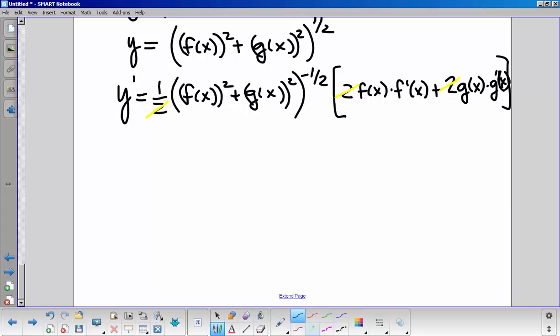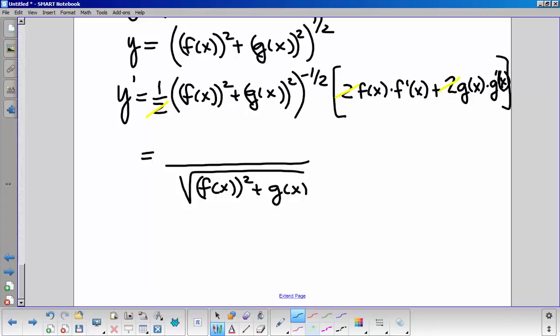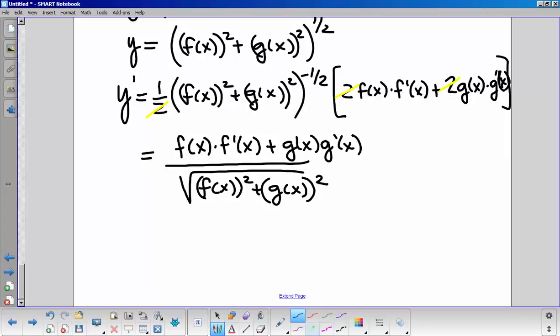Just this thing raised to the negative 1/2. So the square root of f of x quantity squared plus g of x quantity squared. And in the numerator I go f of x times f prime of x plus g of x times g prime of x. And I want to evaluate this at 2. So y prime of 2.